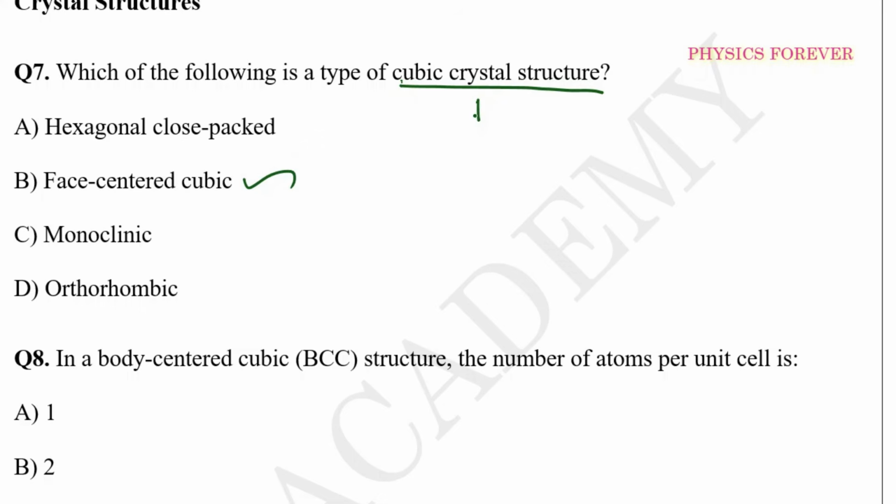The cubic crystals are first simple cubic, then FCC, then third BCC. So here they have given only FCC. The cubic crystal structures are 3: simple cubic, face centered cubic, and body centered cubic. From these options we have to choose answer B, FCC.